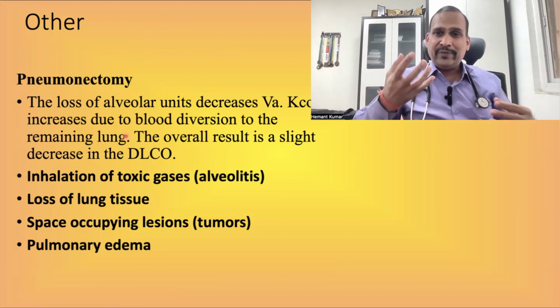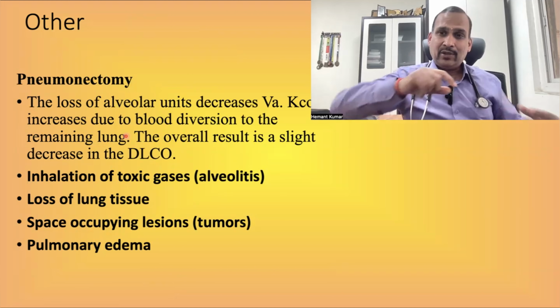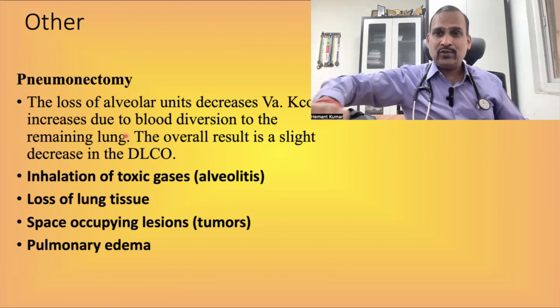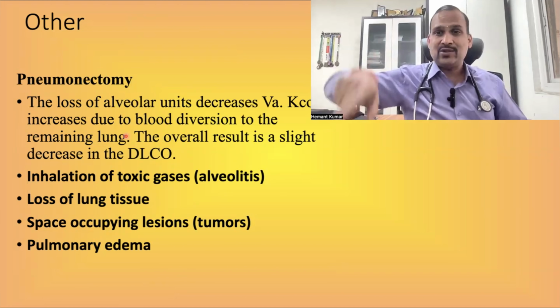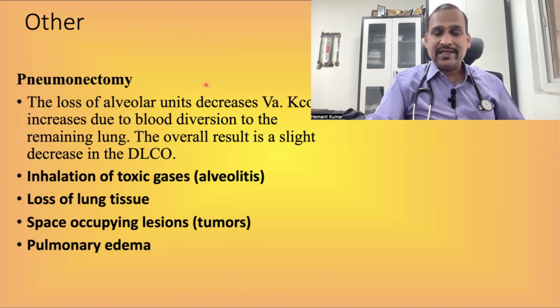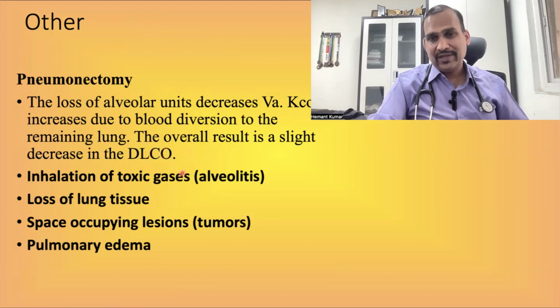So you can imagine there is one lung, but the whole blood supply is going through the normal lung. So KCO will increase. DLCO will decrease because of decrease in VA, but KCO will increase. The overall result would be only a slight decrease in DLCO. Okay, understand? KCO will increase.